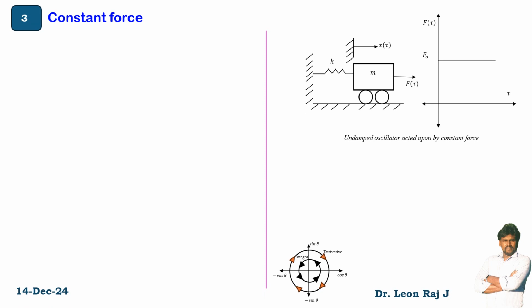So the nature of forces. We have derived the response for an arbitrary force. Now we are going to derive the response for a constant force, constant with respect to time. Here tau is the time, and this is the constant force.